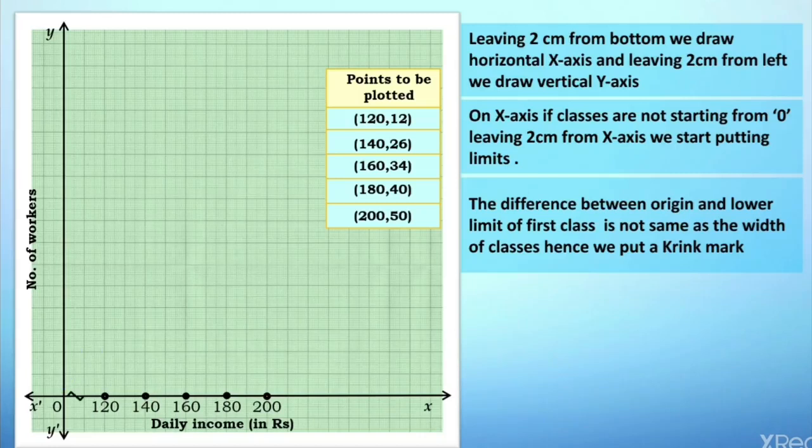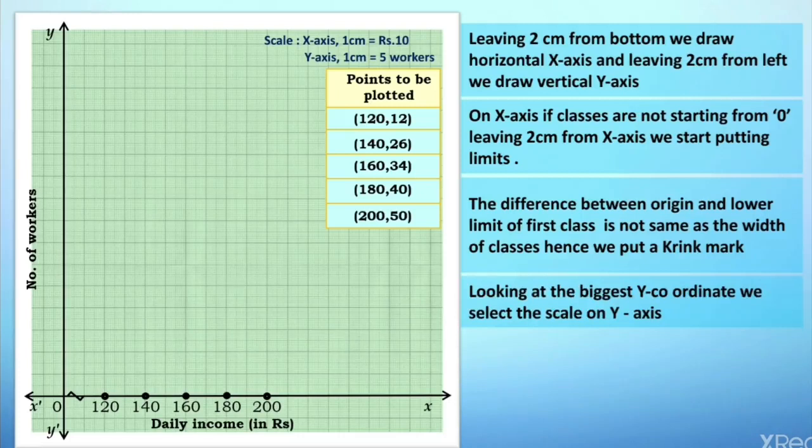After that, for plotting the points on the y-axis, we consider the highest value in the y coordinate, that is 50. Based on that, we consider the scale, and based on that scale, we do the marking on the y-axis, that is 5, 10, 15, 20, 25, 30, 35, 40, 45, 50.